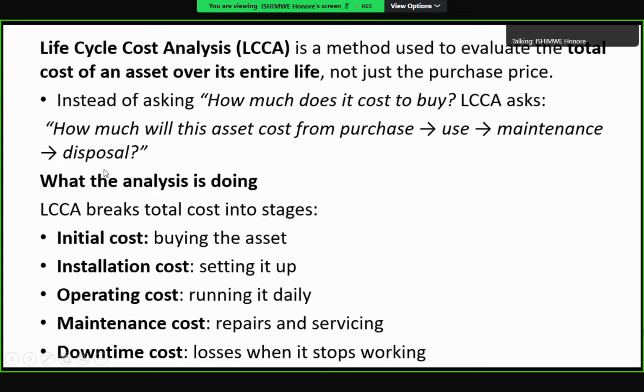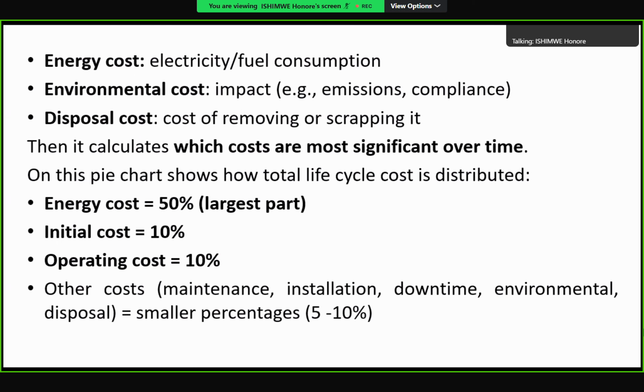Then what the analysis is doing here, life cycle costing breaks the total cost into stages. So initial cost, that is about buying the asset, whatever you need for your production, installation cost, so in terms of setting up, operating cost, maintenance cost, and even downtime cost, energy cost, environmental cost as well, and disposal cost.